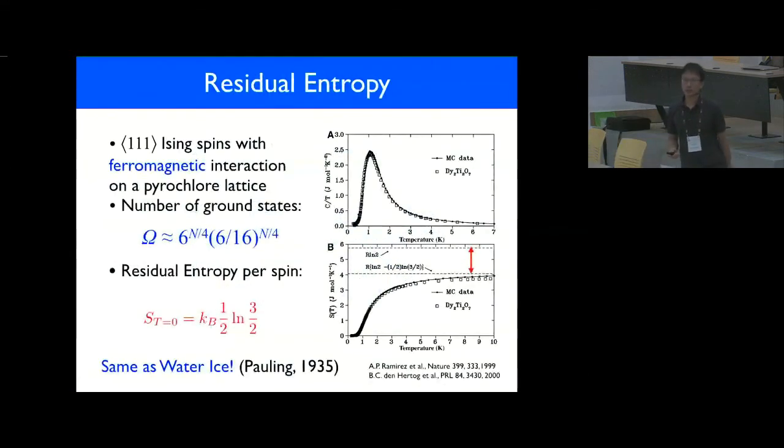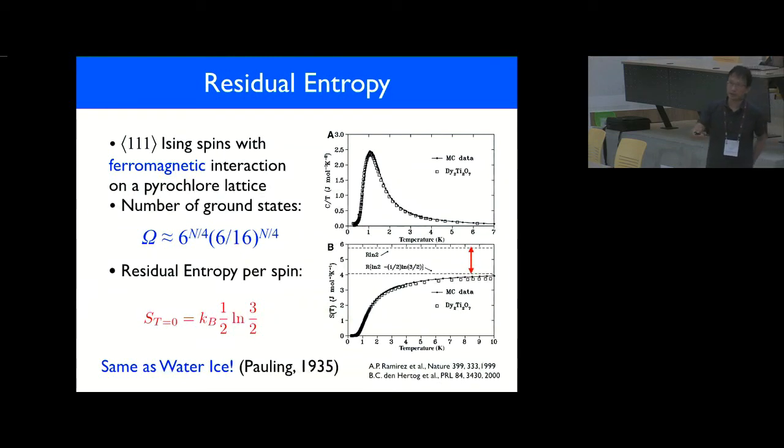Pauling in 1935 estimated the residual entropy of water ice, and people did the experiments and measurements. This is the rough estimate you can do, and this is the number of degenerate ground states you have. If you take this number, take a log, and divide by N, you get this entropy. Here is the measurement data in dysprosium titanate.